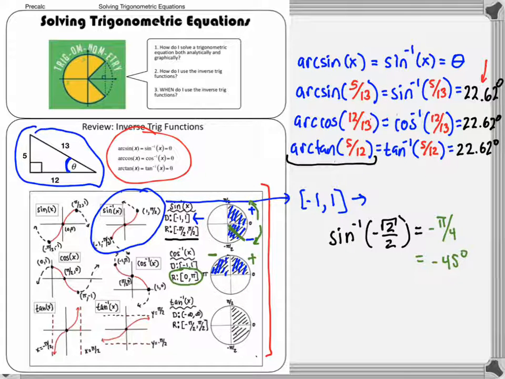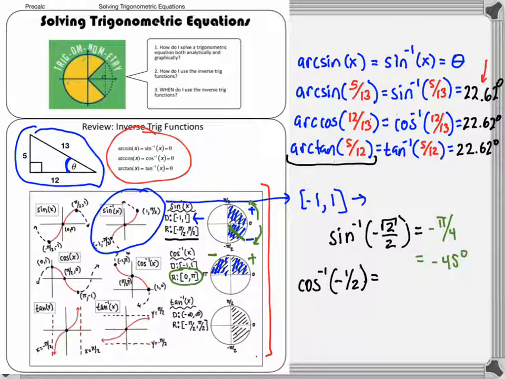So for example, how to use this: the inverse cosine of a ratio of -1/2. That means I ask myself, what angle in the first or second quadrant, when I take the cosine of it, is going to give me -1/2?